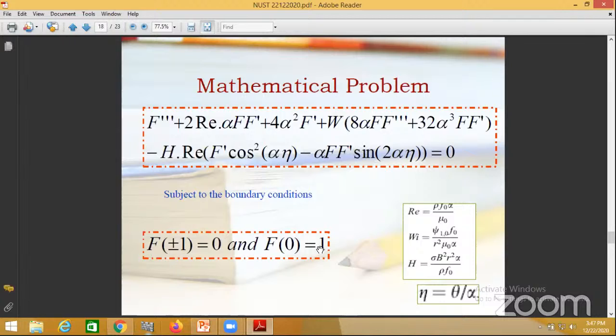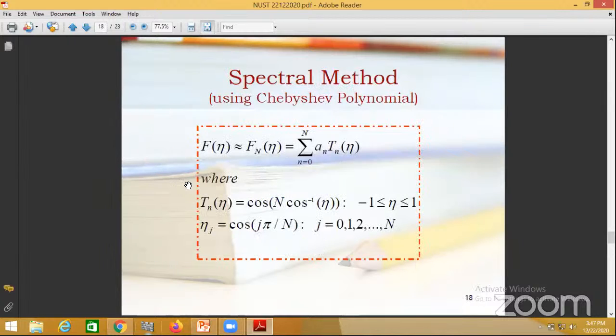By applying the same procedure as I have explained so far, we have achieved the solution. This is the procedure for how one can achieve the solution: f of beta, which is to be found, will be represented as a series a0 T0 plus a1 T1 up to an Tn, where Tn are the Chebyshev polynomials.